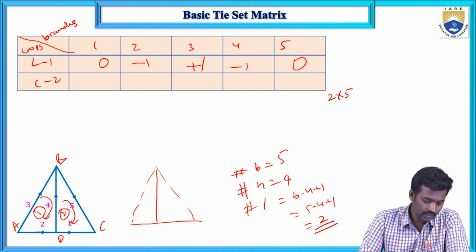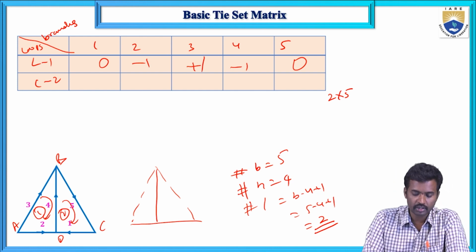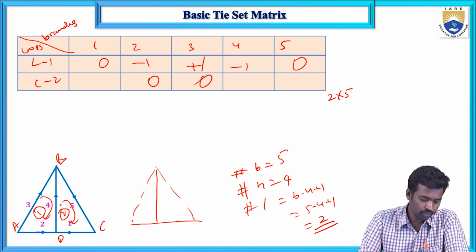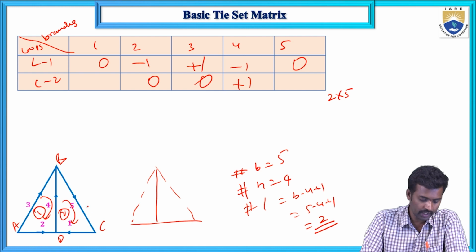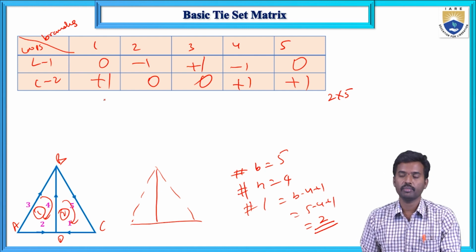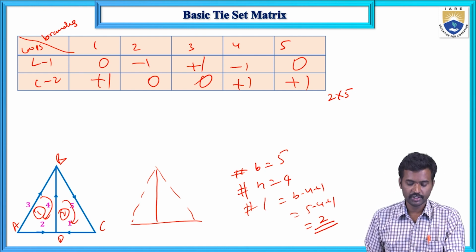And this second one, 2 and 3 are not associated, and this 4th is same direction +1, and 5th is same direction +1, and this is also +1. One orientation is also +1.